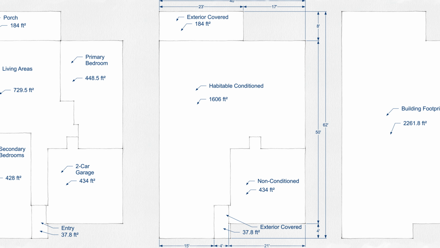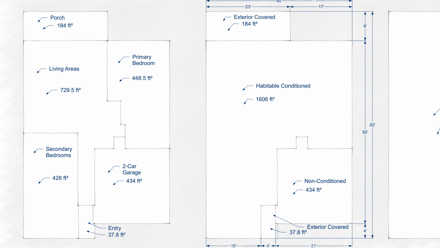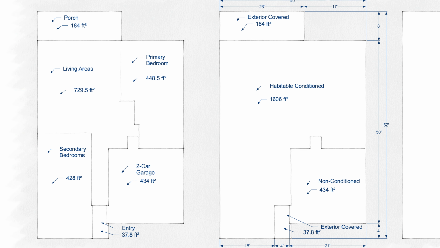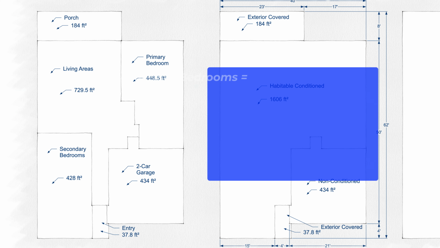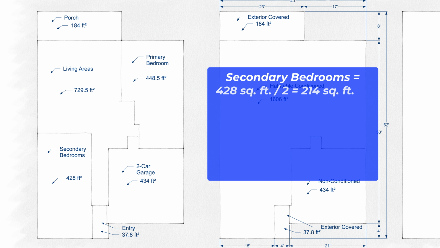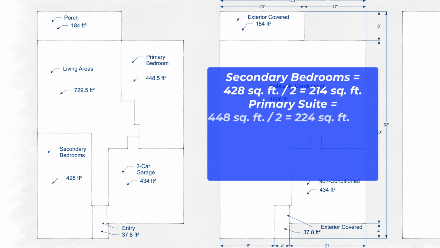To figure out how much square footage each person needs, let's break this down. 1 or 2 children or 2 guests will use the secondary bedroom area, which is 428 square feet. That gives each child 214 square feet of personal space. The primary bedroom area is 448 square feet. A couple would get 224 square feet each.